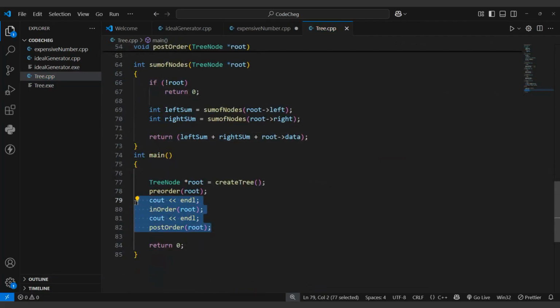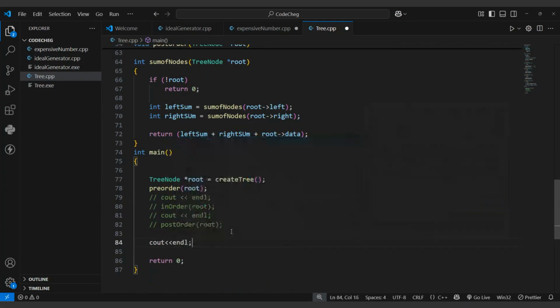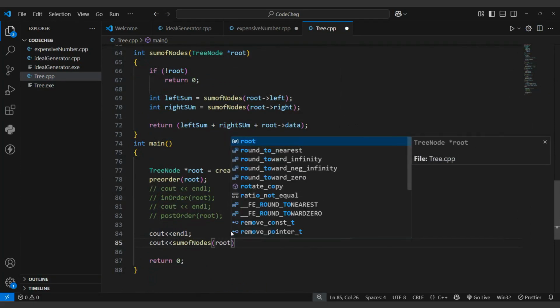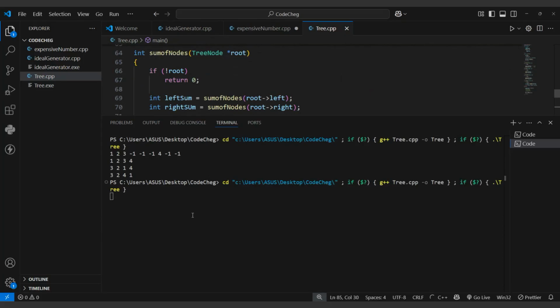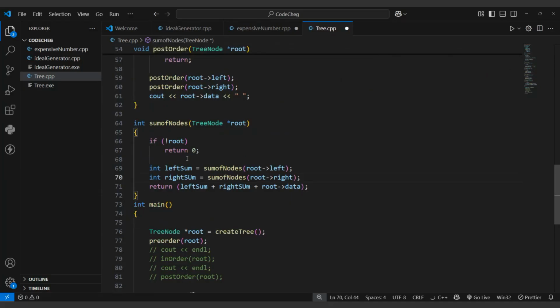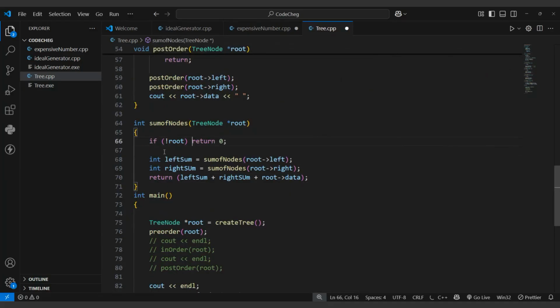Let's comment this out for the time being, call sum of nodes and pass this root. If I enter 1, 2, 3, minus 1, minus 1, minus 1, 4, minus 1, you can see the pre-order is 1, 2, 3, 4, and the summation is 10. This is how we can find the summation of all the nodes in a binary tree.